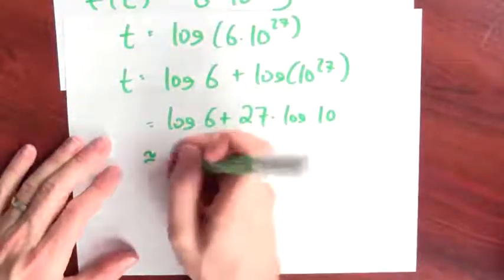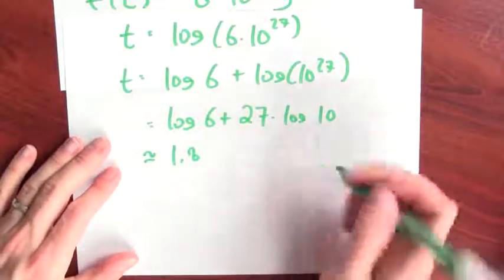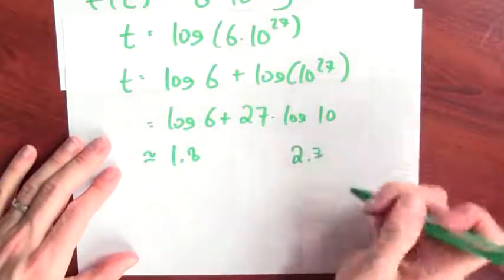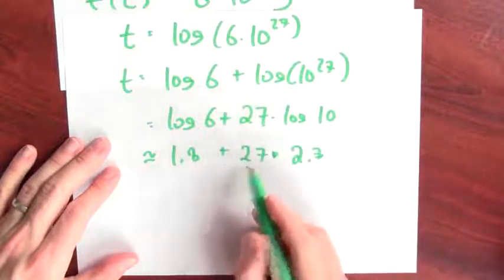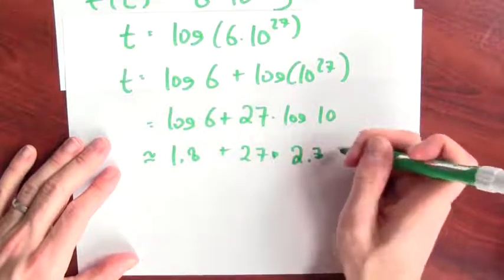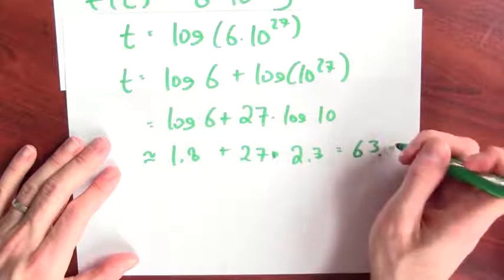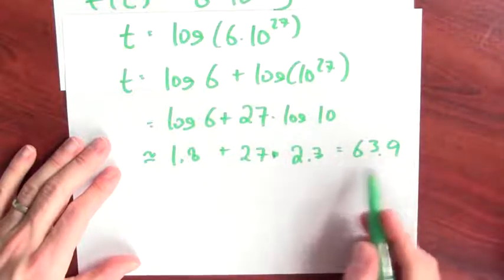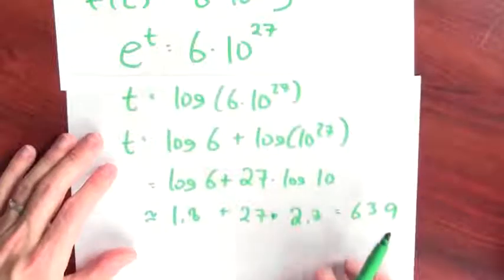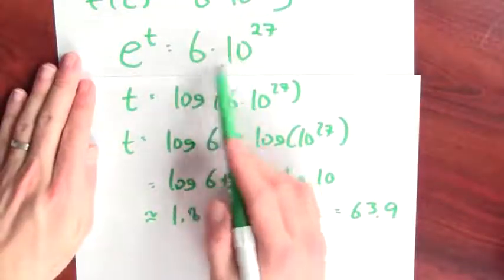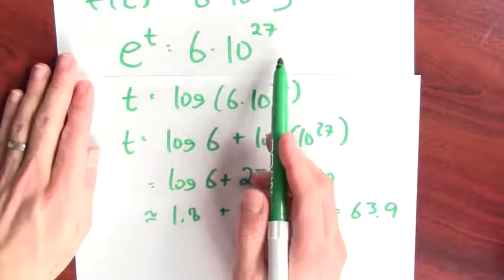Log of 6 is about 1.8, and log of 10 is about 2.3. So I've got 1.8 plus 27 times 2.3, that's 63.9. And this is in seconds. So you've got 63.9 seconds until the amount of gray goo is about 6 times 10 to the 27th grams.